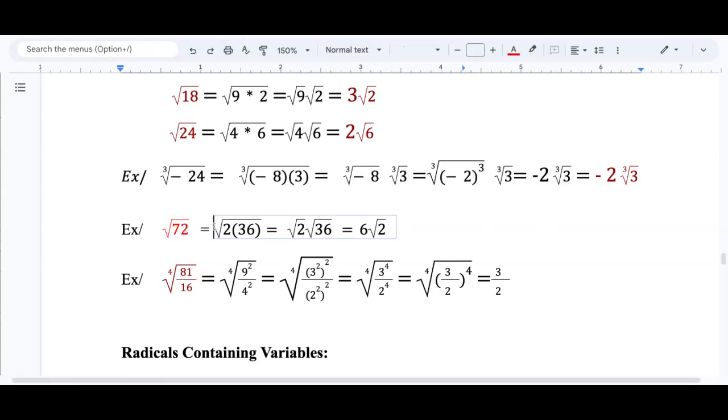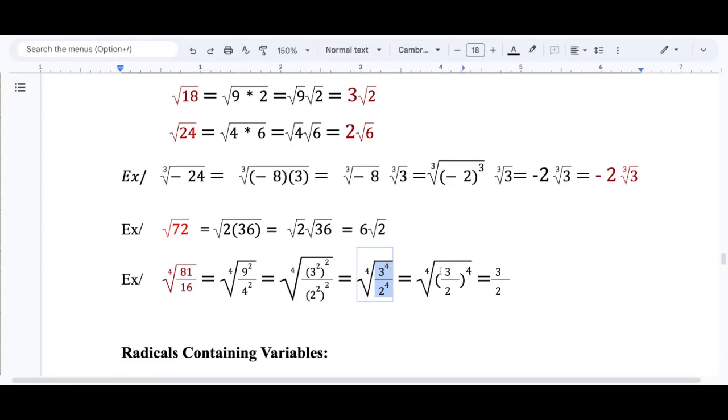Square root of 72 can be written as square root of 2 times 36. Square root of 36 is 6, so that's simplified to be 6 radical 2. Fourth root of 81 divided by 16. Well, 81 is 3 raised by 4. 16 is 2 raised by 4.